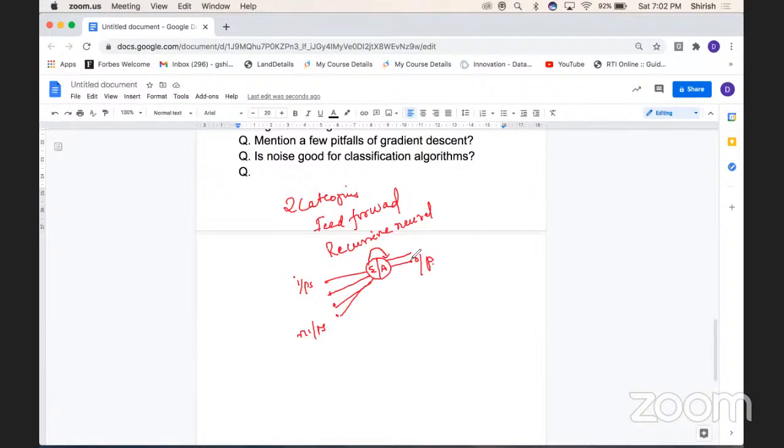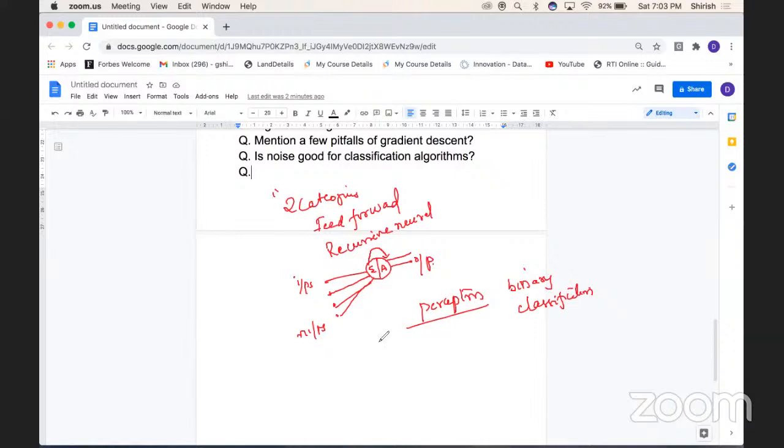So the perceptron algorithm is a fundamental computational unit, right? It is a supervised learning algorithm and it is used for binary classification, right? Now everything is fine, good.